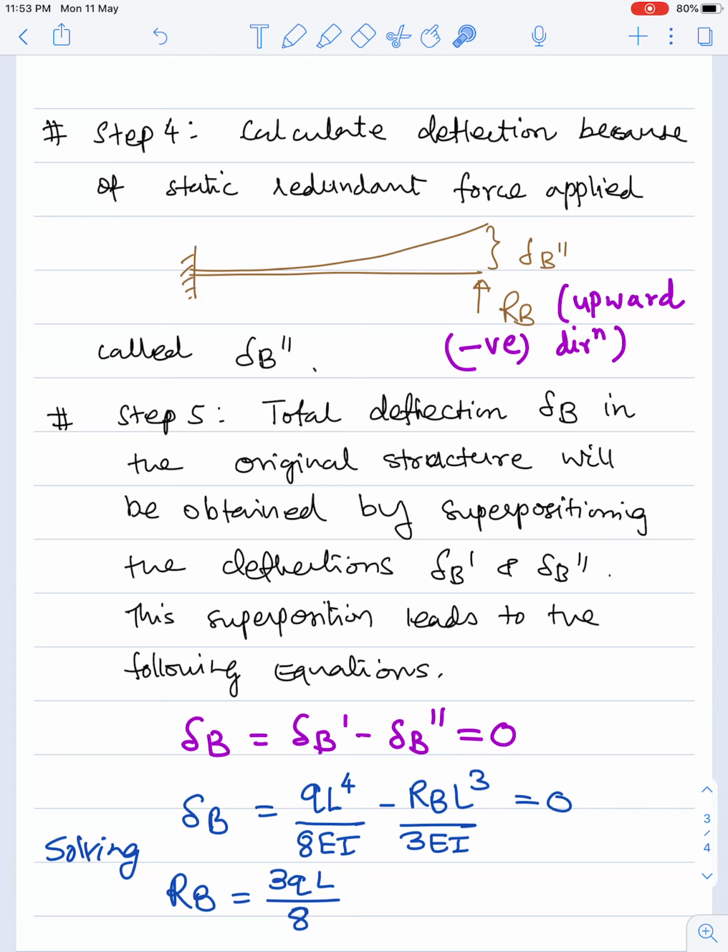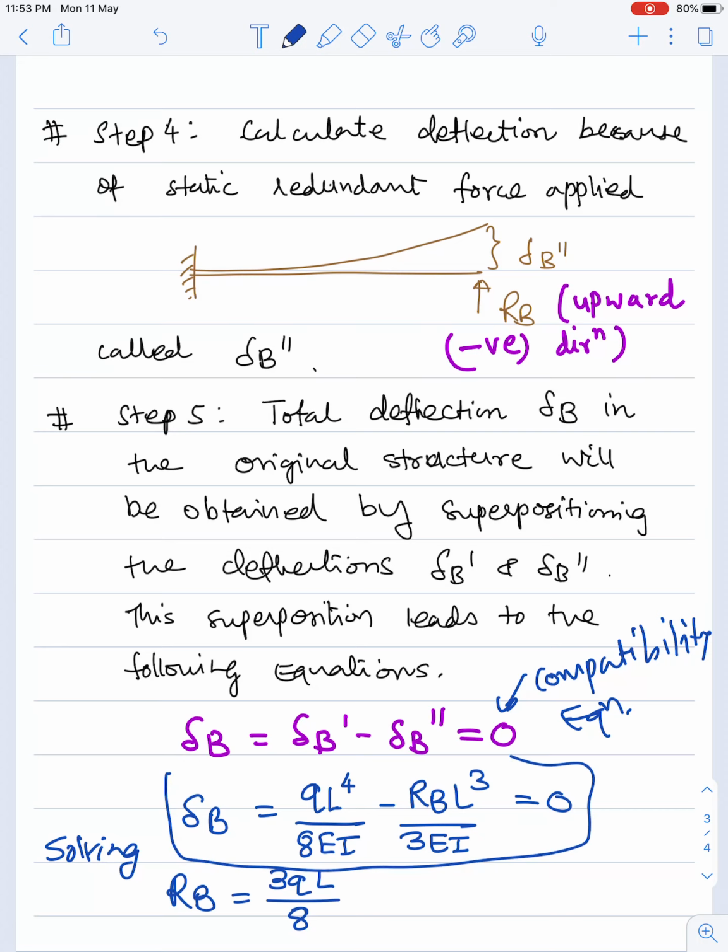Now this equation is also called the compatibility equation, and by solving this equation we can get the unknown redundant force, which is the primary objective of this flexibility method.